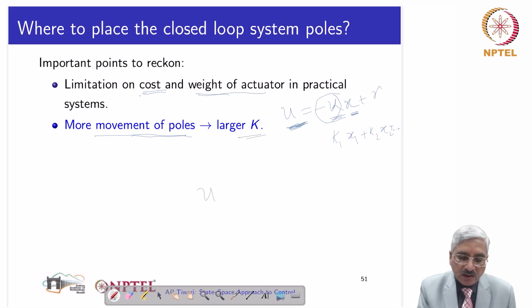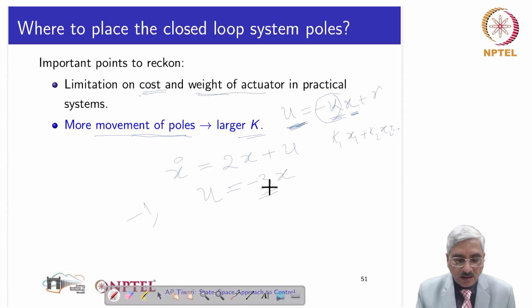For example, suppose we have a system x dot equal to 2x plus u. Now if we take that the pole should go to minus 1, then u should be minus 3x, so the gain should be 3.